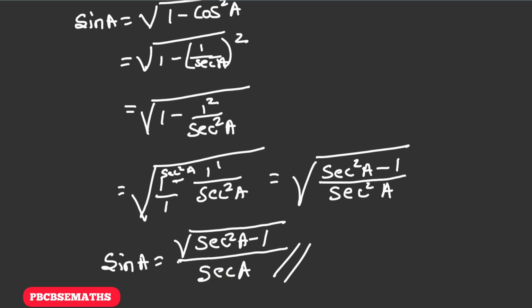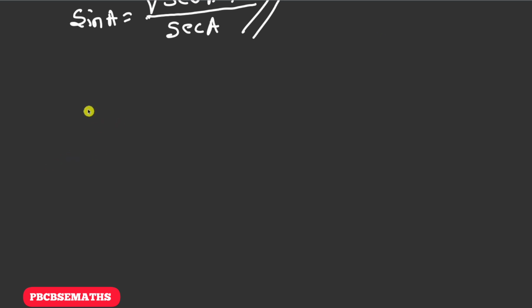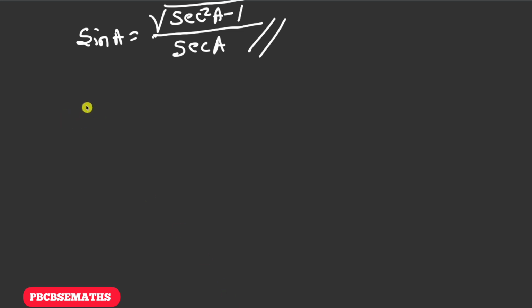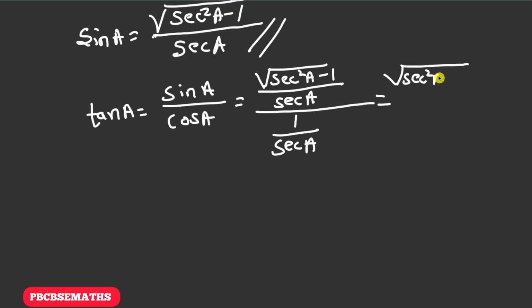Now let's represent tan A in terms of secant A. We know that tan A is equal to sine A by cos A. We know the value of sine A is square root of secant square A minus 1 whole divided by secant A, whole divided by the value of cos A, which is 1 by secant A. By simplifying this, we can write square root of secant square A minus 1 divided by secant A into that 1 by secant A becomes secant A divided by 1.